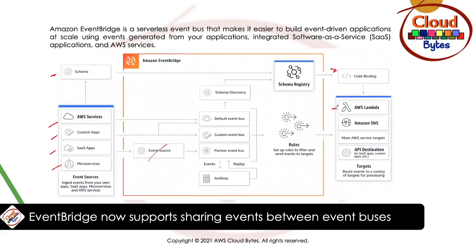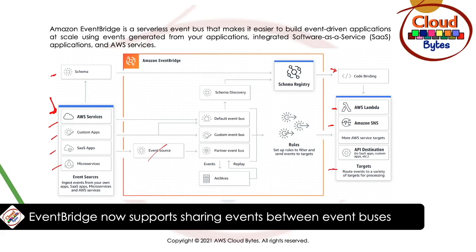In this case, now AWS Lambda, you have SNS, and other targets. So on the right side, you have all the targets. On the left side, all services are there, and this is where the event bus comes into the picture. They're just taking an event from one source and mapping it to a given target based on the event that has been raised.